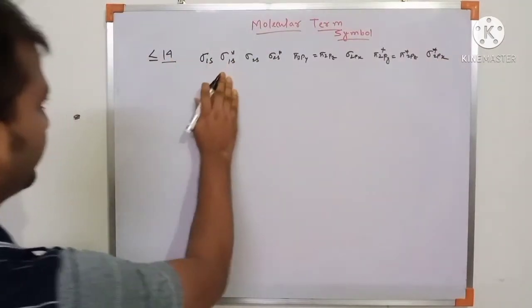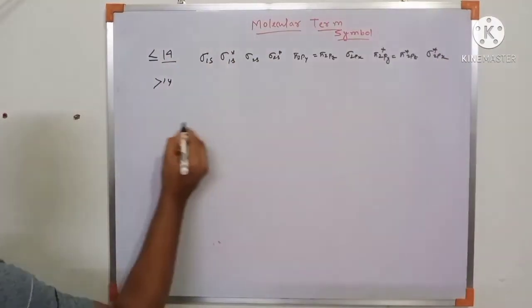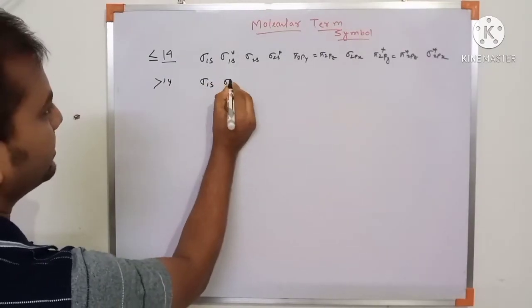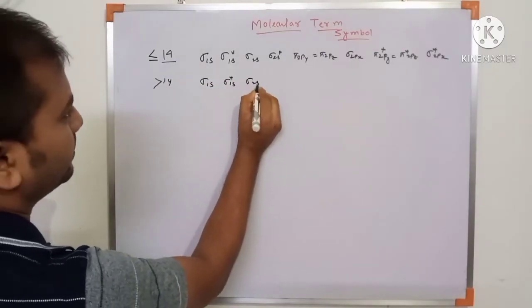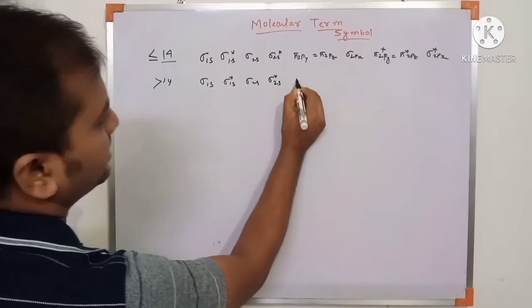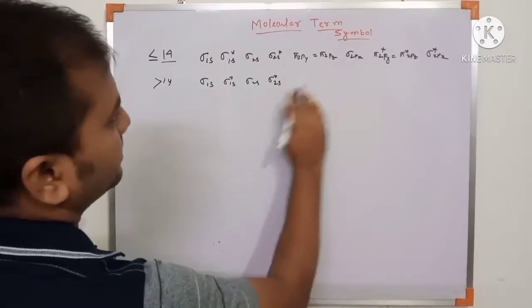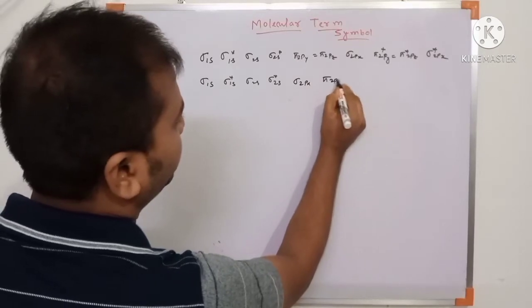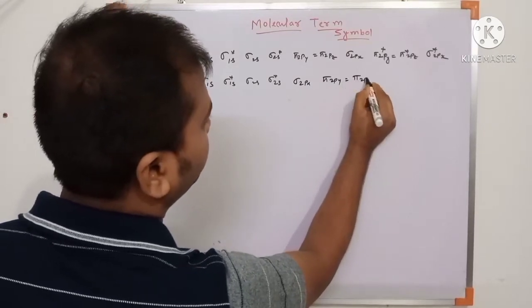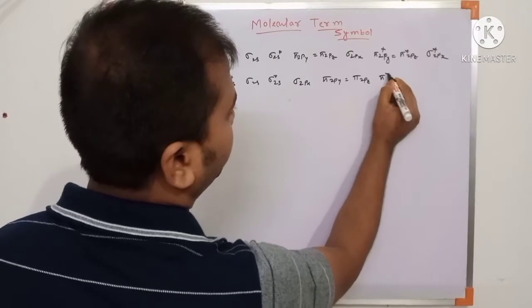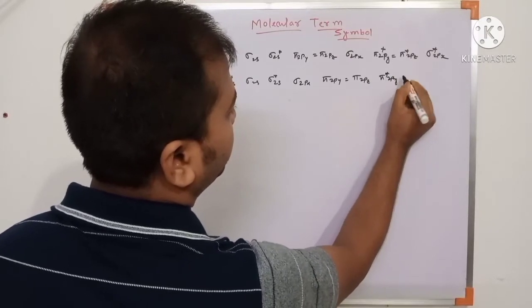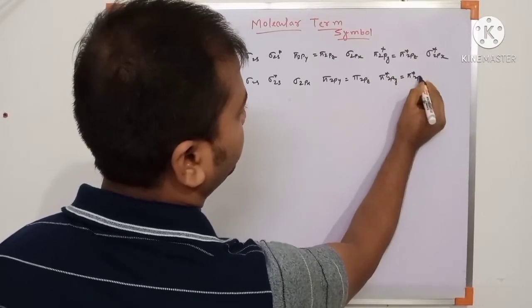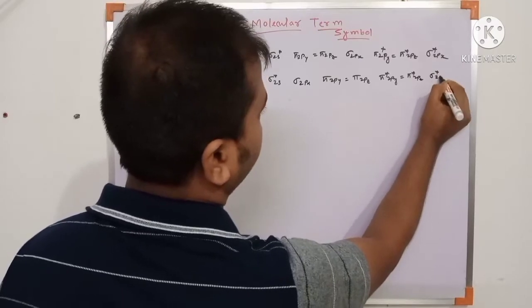But for greater than 14, we know sigma 1s, sigma star 1s, sigma 2s, sigma star 2s, and then sigma 2px, pi 2py equal to pi 2pz, and pi star 2py equal to pi star 2pz, and sigma star 2px.